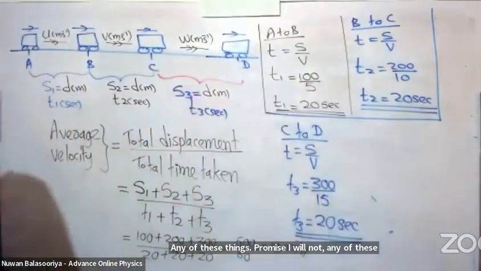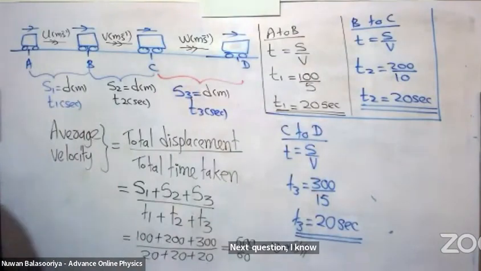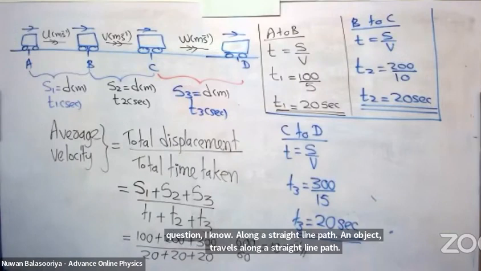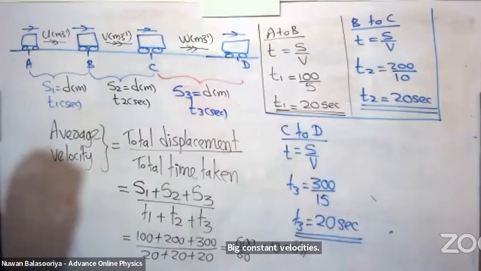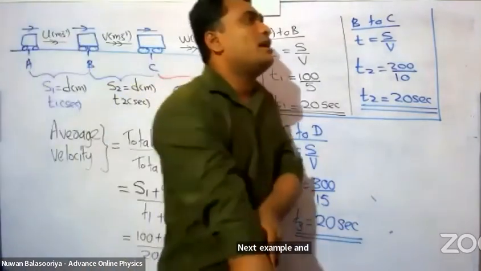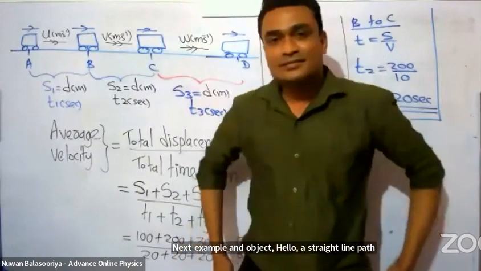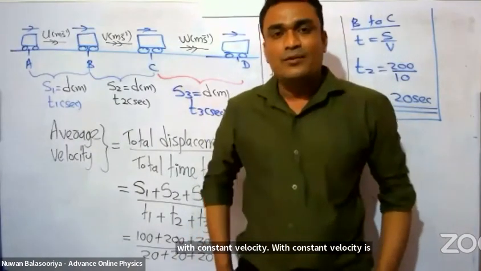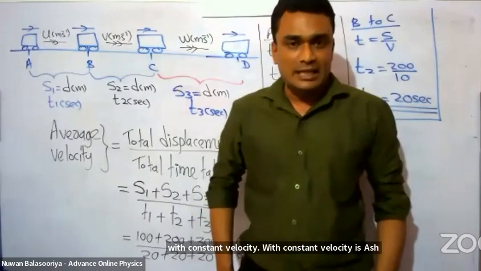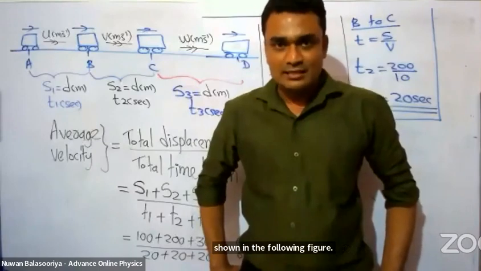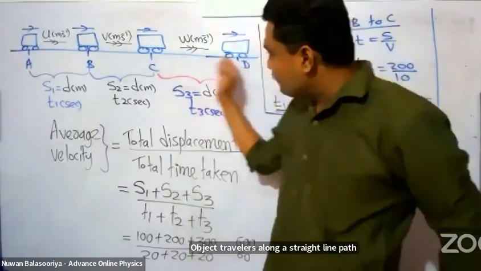An object travels along a straight line path with constant velocities, as shown in the following figure.